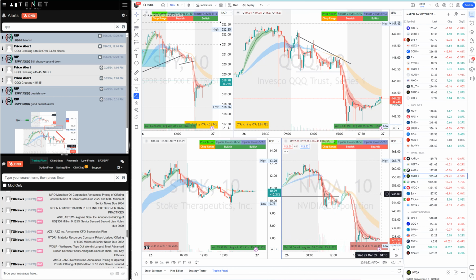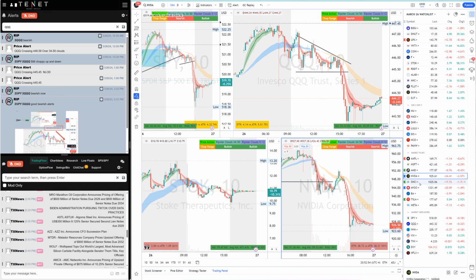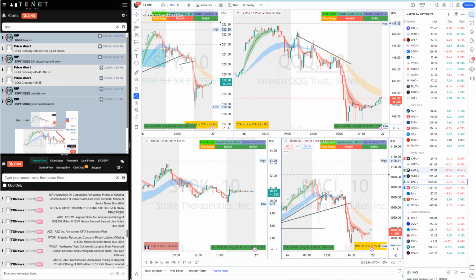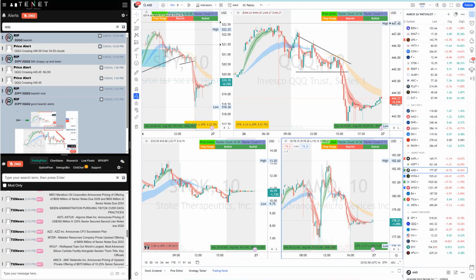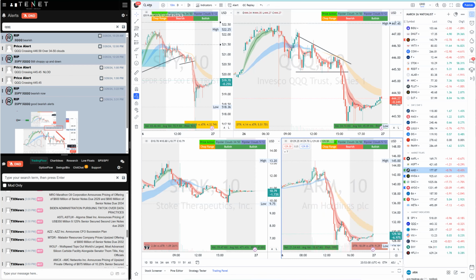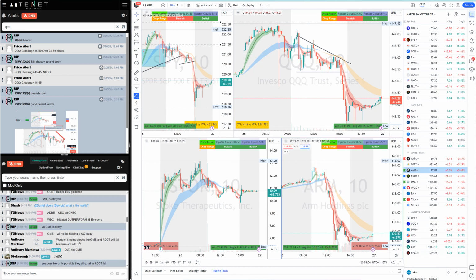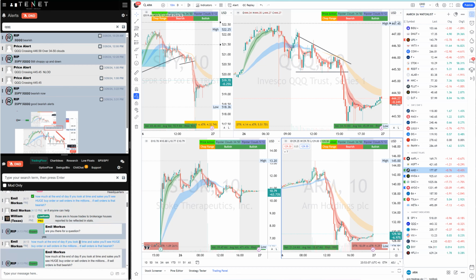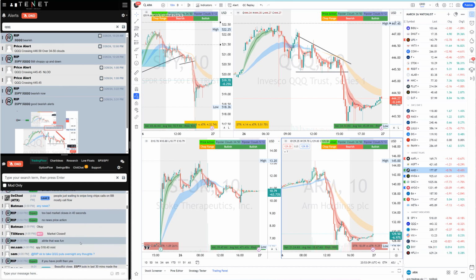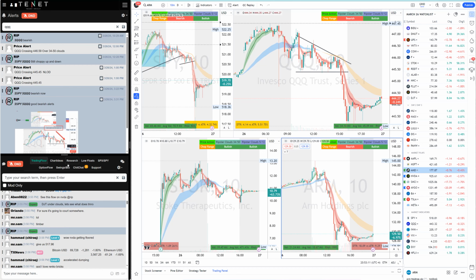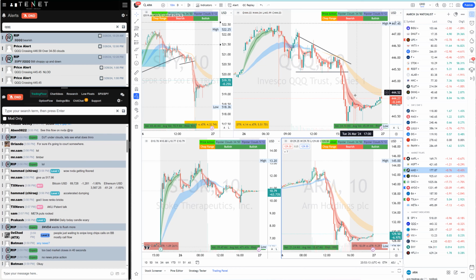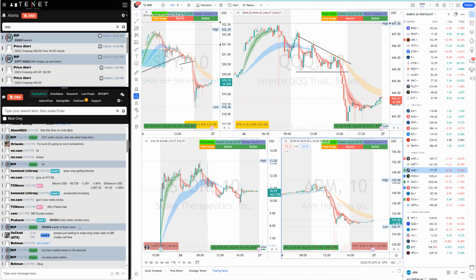The fades were on NVDA. The fade was on SMCI. The fade was on AMD. The fade was on ARM. Everything was fading. You could pick anything up and you could short it. And that's what we did in the community. End of the day, we took some nice shorts on this chart breakout, right?